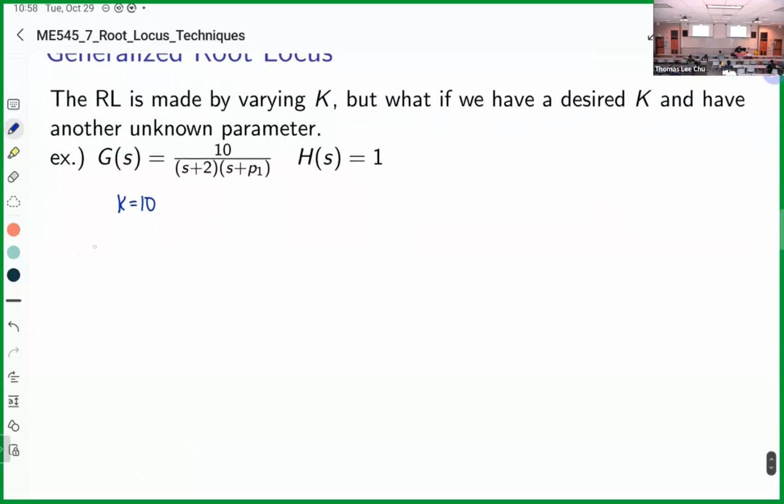And then when we put this into our closed loop transfer function, actually, I should be careful. I would ignore the k is equal to 10 because g has the 10, but it's just going to be kg of s divided by 1 plus kg of s h of s.